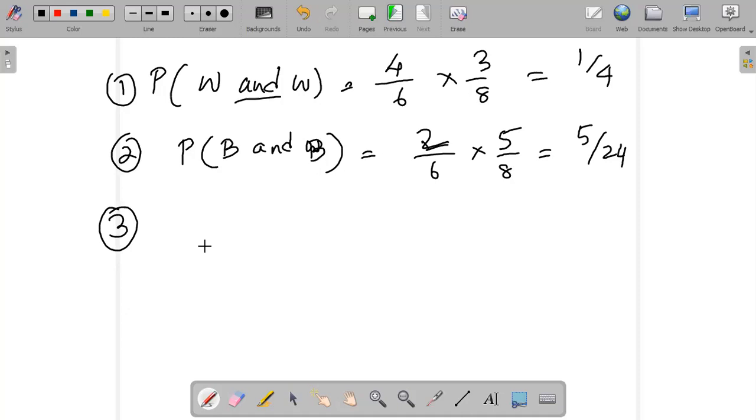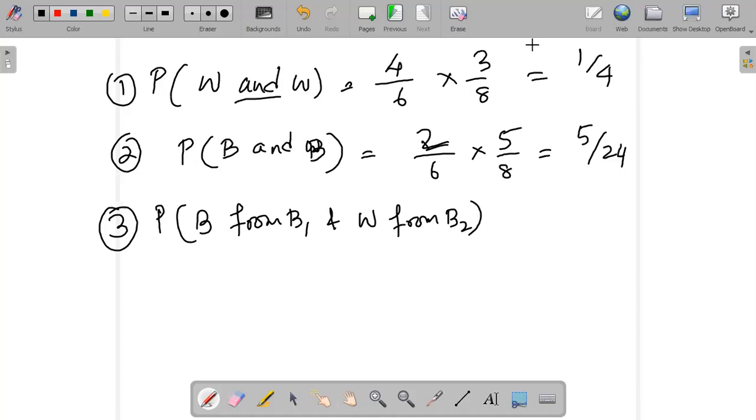So let us consider the probability of black from B1, and one should be white from B2. So it is 2 by 6 into 3 by 8.